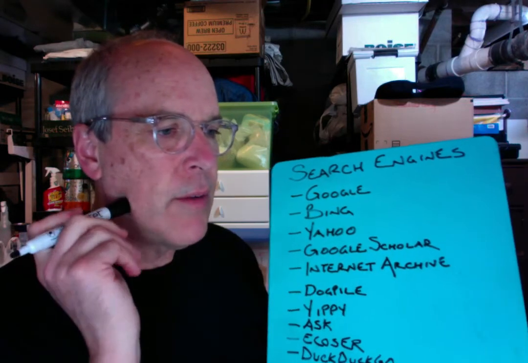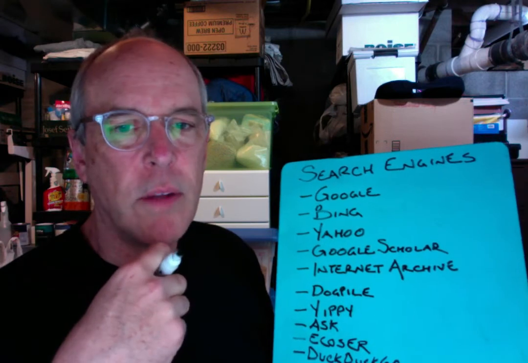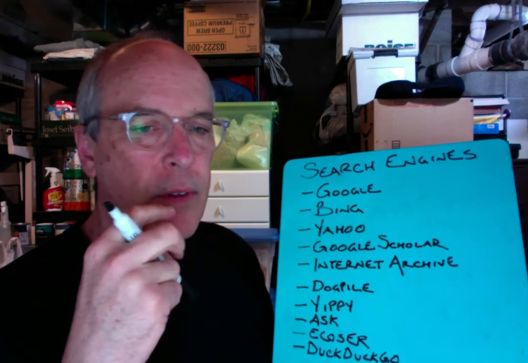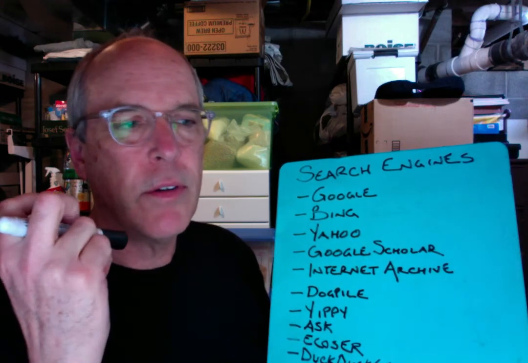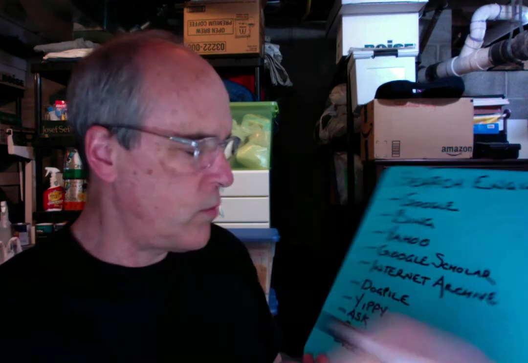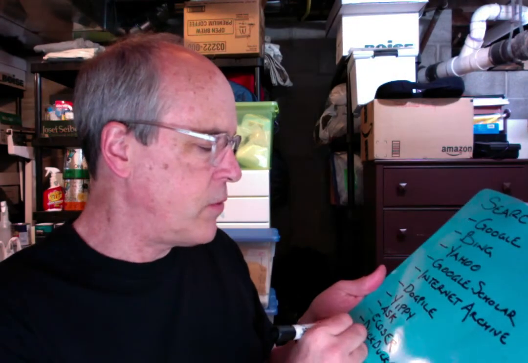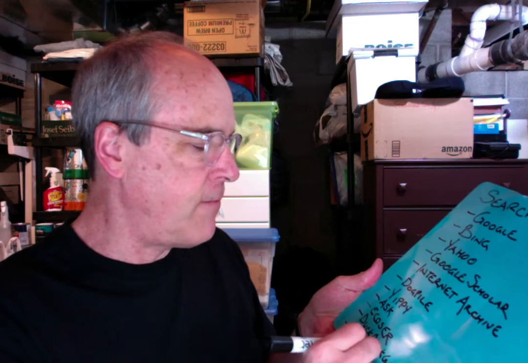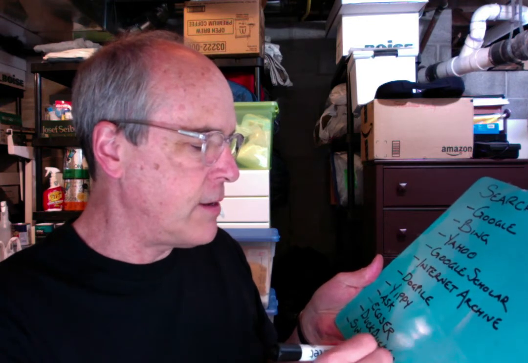There's ones that I won't even list here, but there's one called Baidu that's very popular in China. Yandex is very popular in Russia. There's one I'll put on here for you that's supposed to have good filters for family-friendly content.